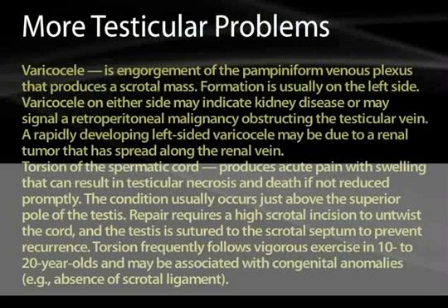It requires a surgical repair by untwisting the cord, cutting into the scrotum. It will usually be associated with vigorous exercise in the stem of questions that are leading you that way, and typically occurs in 10 to 20-year-olds. It's often the absence of that scrotal ligament that allows it to twist around.